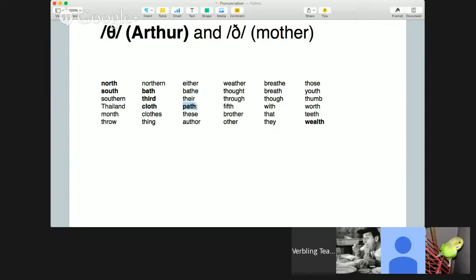Both. Excellent. Okay, Salvatore, you have to make a choice between three words this time. Is it this one, this one or this one? Fifth.